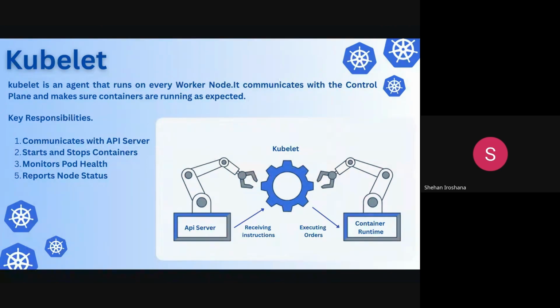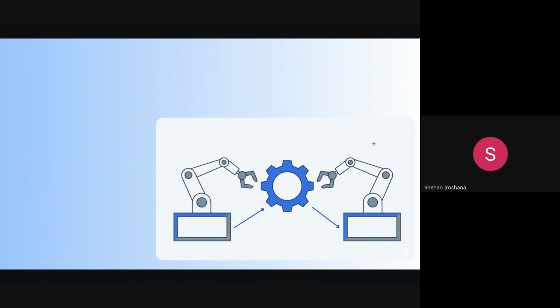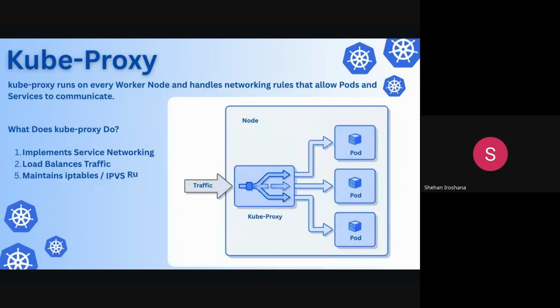When the control plane tells a node to start a pod, the kubelet picks up the instruction and starts the container, monitoring the health and reporting back to the API server. So you can think of the kubelet as the node's local manager. It makes sure everything assigned to that node actually happens and stays running.